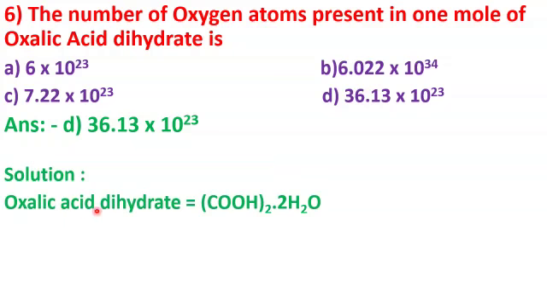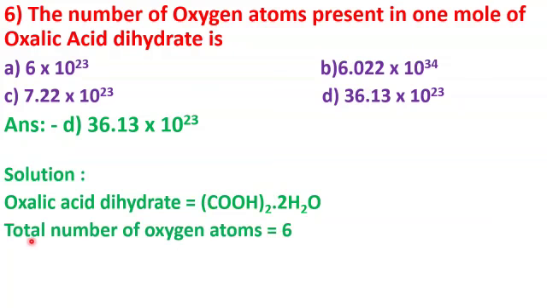First you have to write the formula of oxalic acid dihydrate, that is (COOH)2·2H2O. This is the formula of oxalic acid dihydrate. Next we have to count the total number of oxygen atoms.